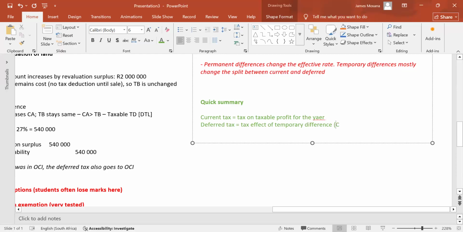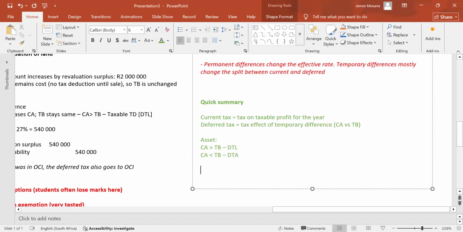Here I'm talking about the carrying amount versus the tax base. And with regards to an asset, if the carrying amount is greater than the tax base, you get a deferred tax liability. If the carrying amount is less than the tax base, you get a deferred tax asset.